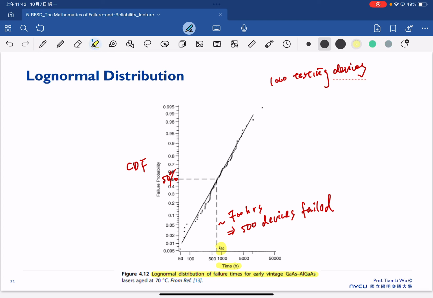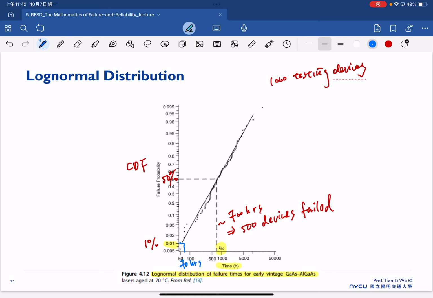So where is 1%? Here is 1%. So in this case, that means you test probably up to 70 hours, and that already has the 1% value.